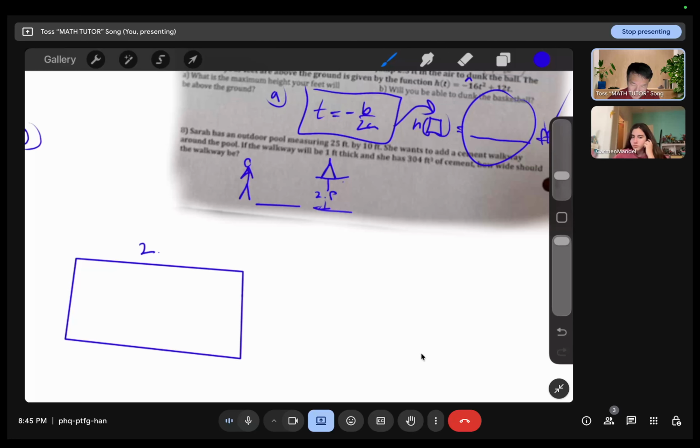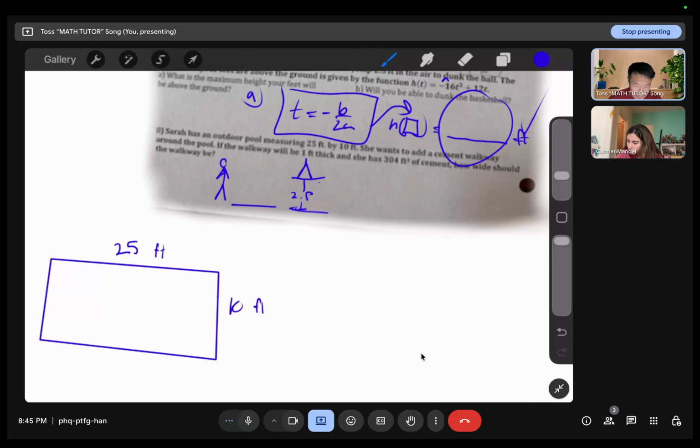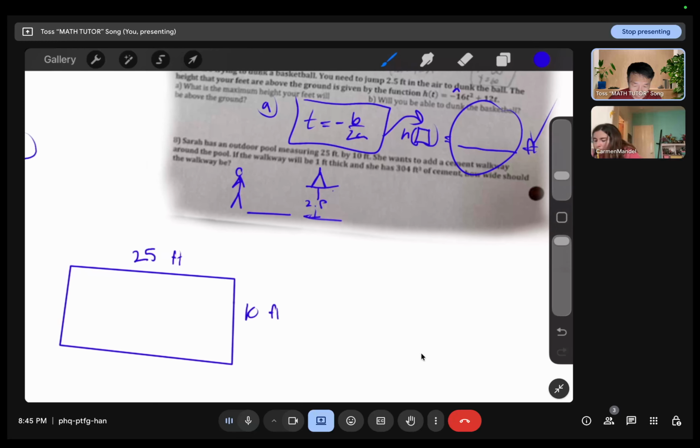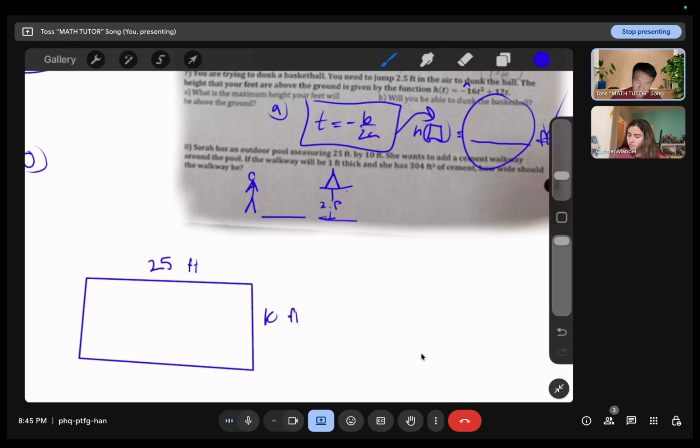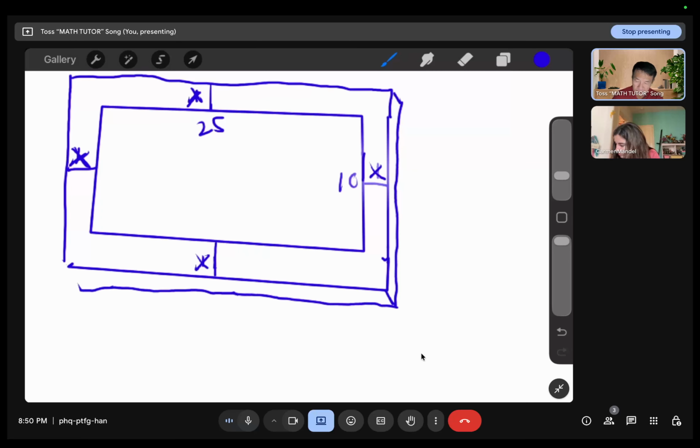So it's going to be 25 and 10 here, in feet. She wants to add a cement walkway around the pool. Oh, okay. I see. So I'll just go over it. I already know what it's going to ask here, but let me do this. I'll tell you.